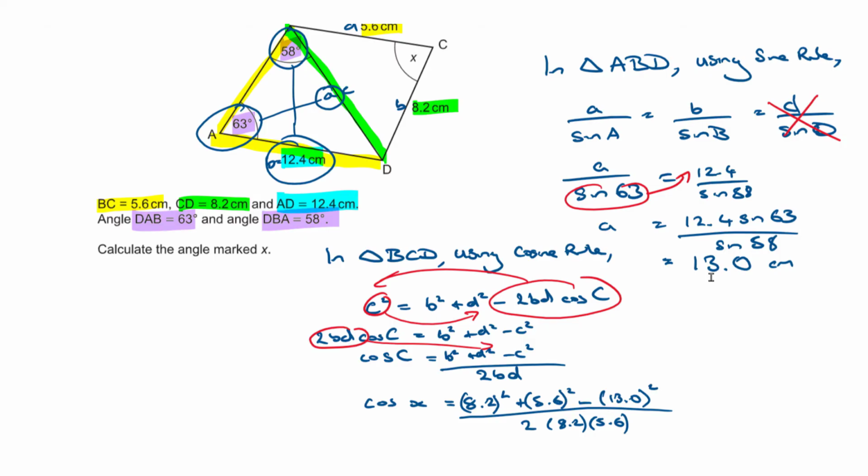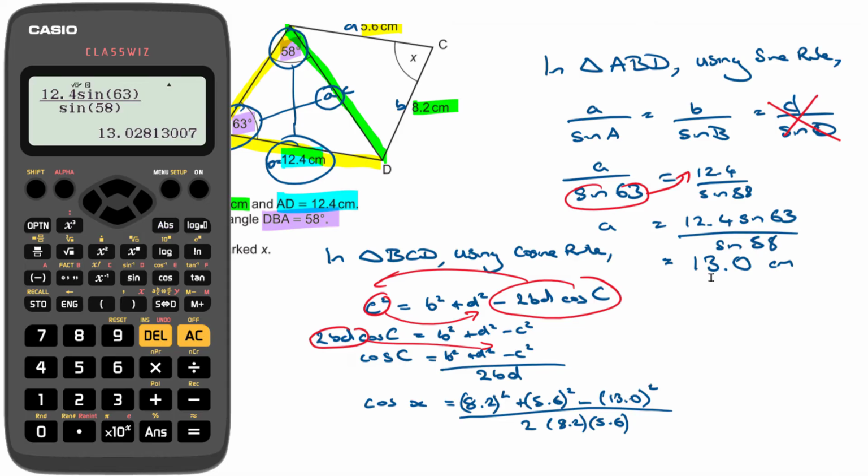Okay, so it's time to carefully type that into the calculator. I'm going to use the fraction key so that I can show what's on the top and what's on the bottom easily. 8.2 squared plus 5.6 squared minus 13.0, which is my last calculated value, squared, all divided by 2 times 8.2 times 5.6.